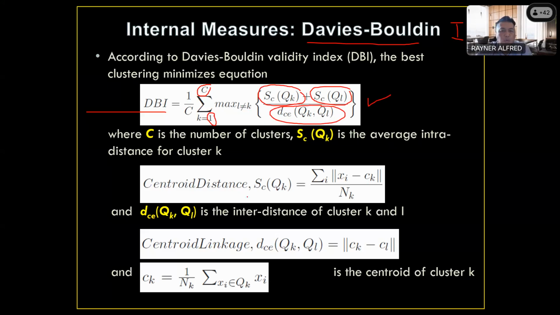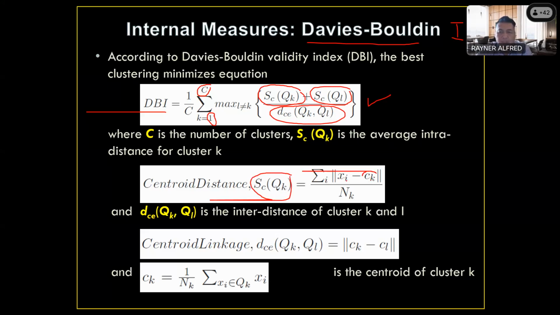This one is used to find the center of the cluster. This figure refers to the center. This one is the compactness, which is similar to the previous one.